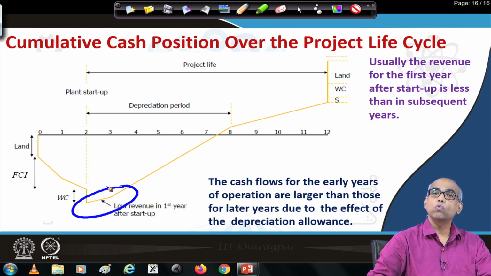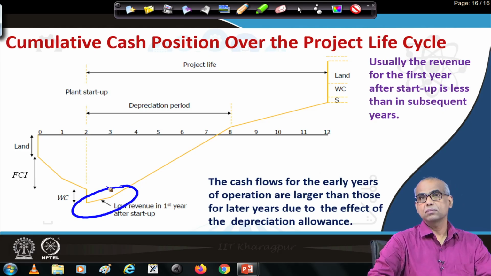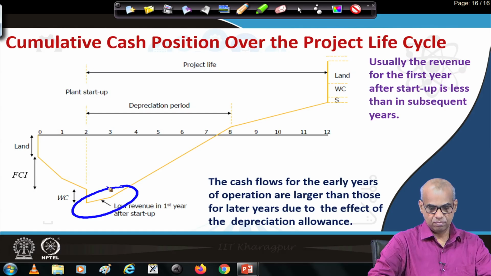It may take at least 1 year from the startup to run at its full design capacity. So, usually the revenue for the first year after startup is less than in subsequent years. So, that is what is shown by different slope there.